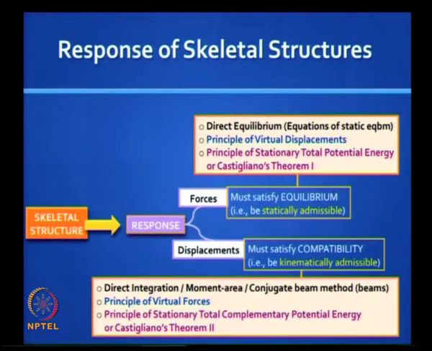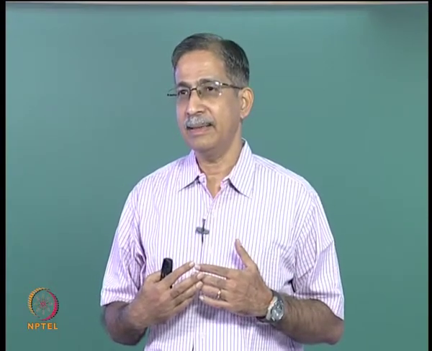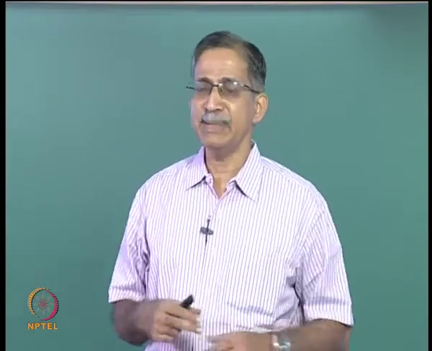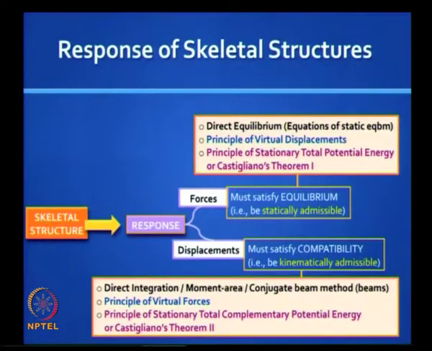If the joints are rigid, then the angle between the connecting elements does not change. So your correct response must be both statically and kinematically admissible, and there is a third requirement, that the force displacement relationships should be satisfied, which in turn depends on the constitutive relationships in the material, the stress strain relationships and so on.